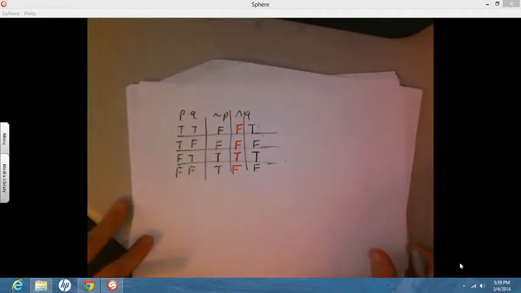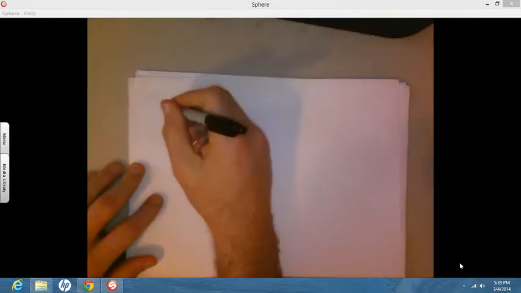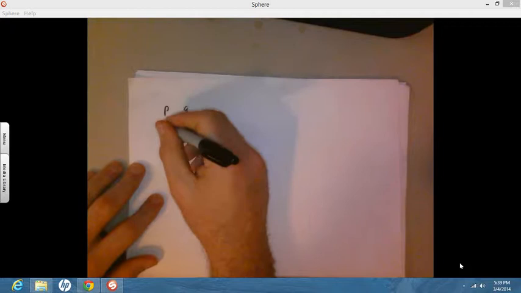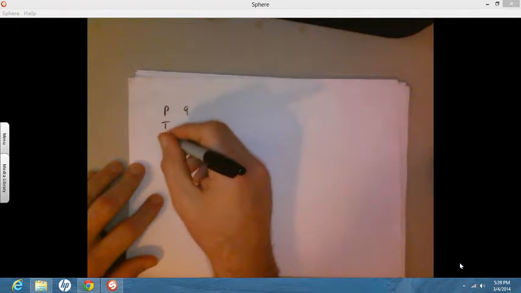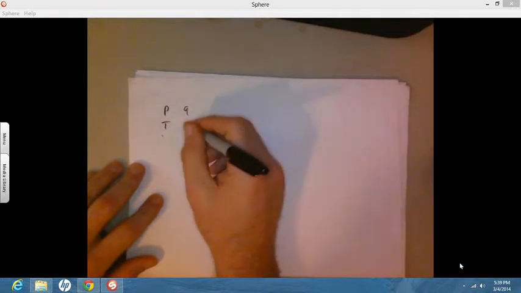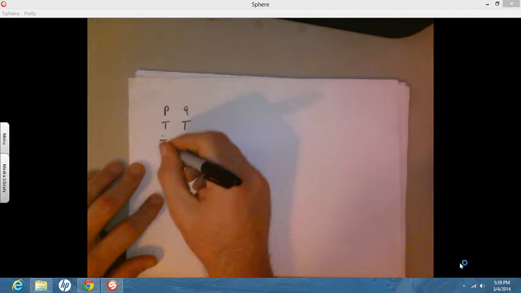For this one, again, I'm going to draw my standard truth table for two variables or two simple statements. My simple statements are going to be P and Q. Again, I'm going to have P is true, Q is true, P is true, Q is false, P is false, Q is true, P is false, Q is false.